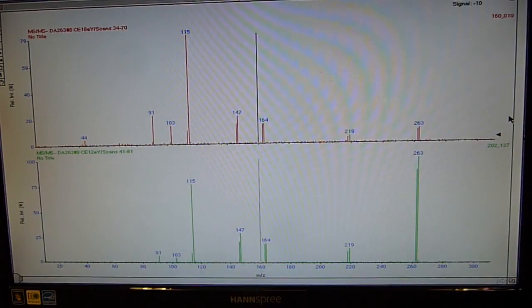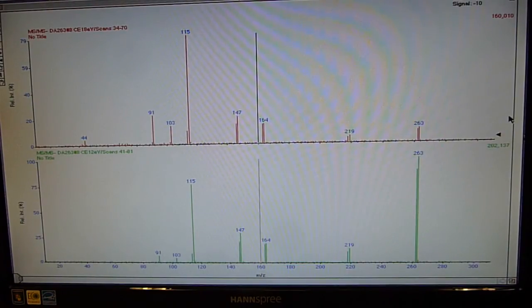We also have the 219, which would be the loss of the 44, and we also have the 44 showing up. So that's losing the CO2 and then just the CO2.